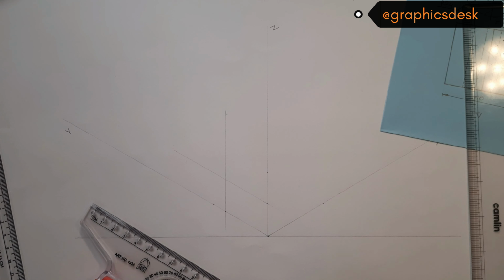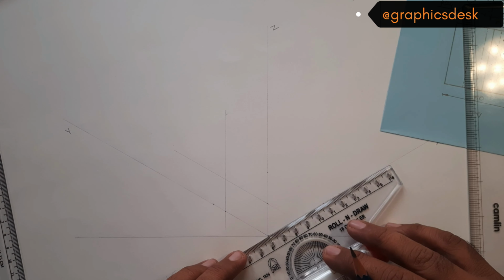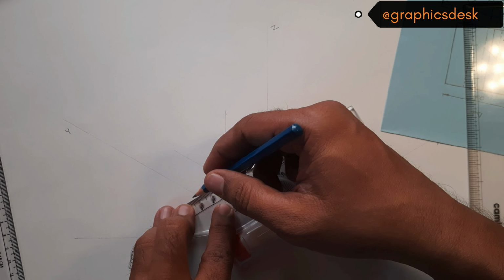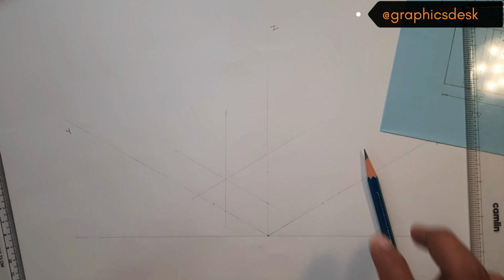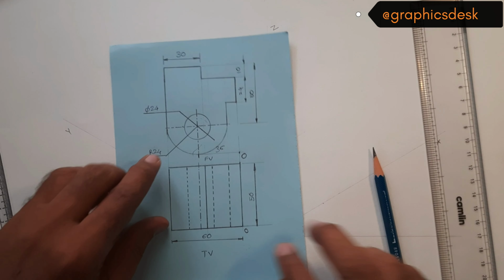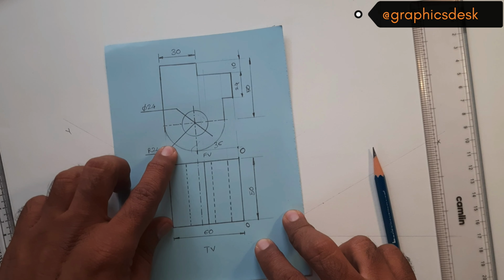Now already we have two lines parallel to y-axis and parallel to z-axis. Let's draw the third line, a line parallel to x-axis from the same center point. Now the radius is given as 24 mm.